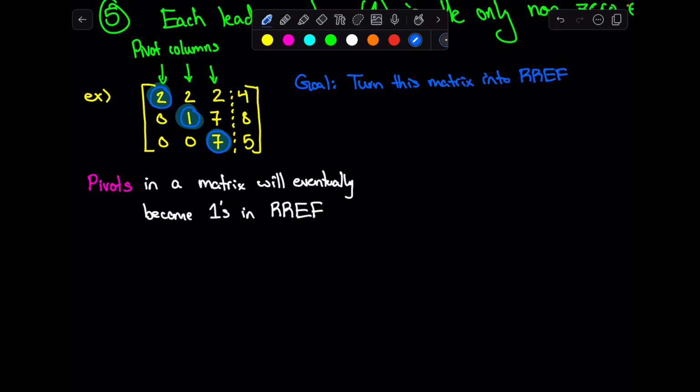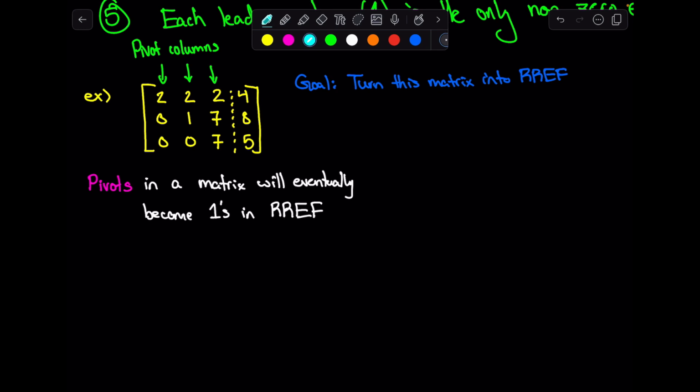Okay. And there's a strategy to doing this, and the strategy is going to be the following. In every single matrix that you're going to tackle, this is an approach I use. Now there are different approaches for how to go about figuring out the row reduced echelon form of a matrix, but this is the approach that I take.